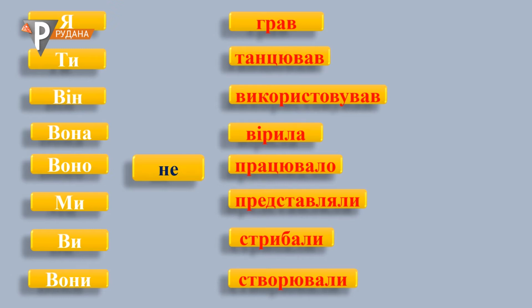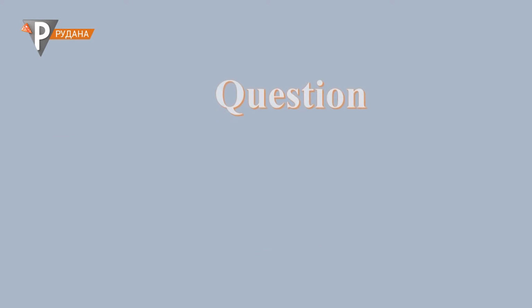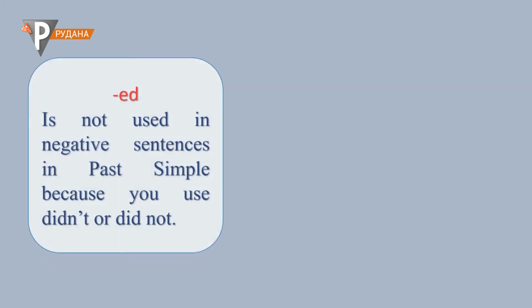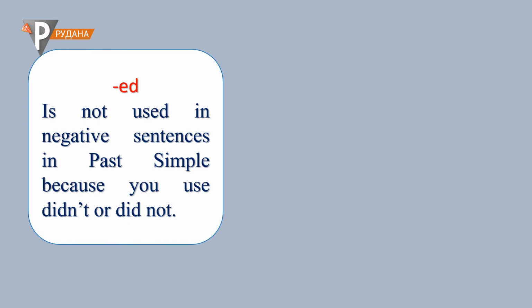Now let's take a look at the question. Why don't we use ed or the second form in negative sentences in past simple? Ed is not used in negative sentences in past simple because you use didn't or did not, and they indicate past.